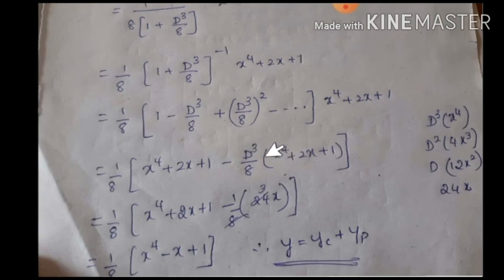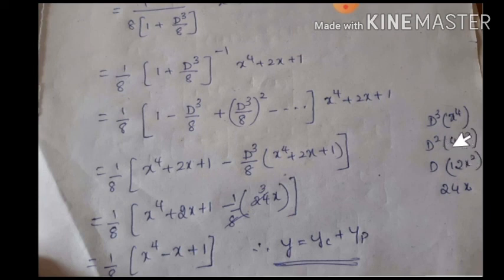Now what is D cube of x to the power of 4? You will have a value. That calculation I showed on the right side. The first time when you differentiate x to the power of 4, you get 4x cube. So one time it is done, D square next. Then one more time when you differentiate 4x cube, you will get 12x square.